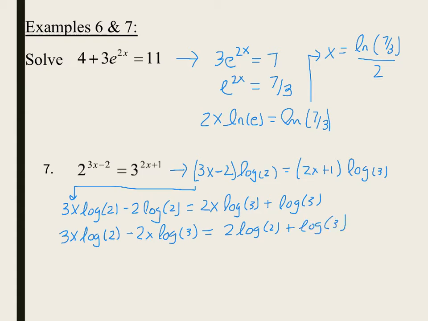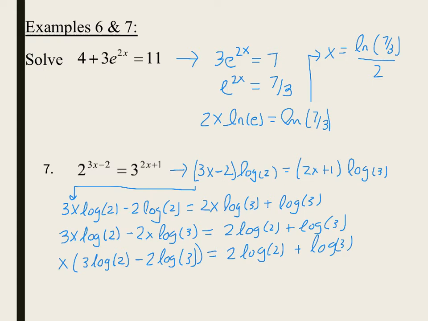Well, we're not done. We can take an x out and we get (3 log 2 minus 2 log 3) is equal to 2 log 2 plus log 3. Now we can divide through by this and we'll get the following.